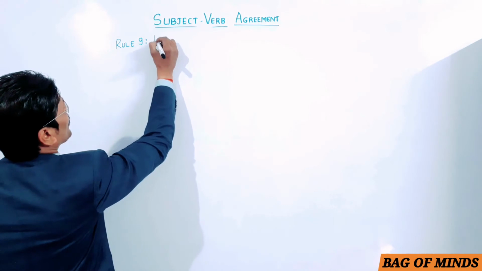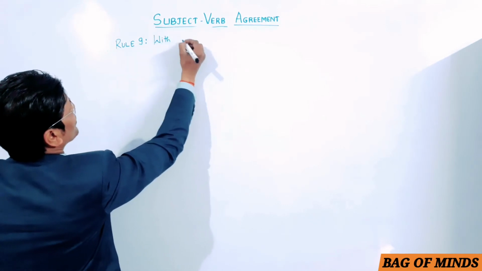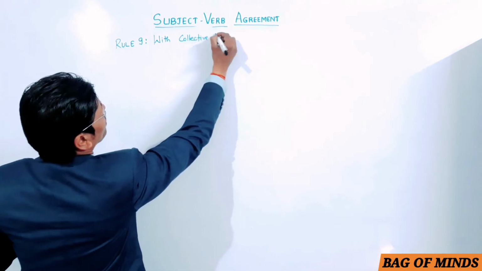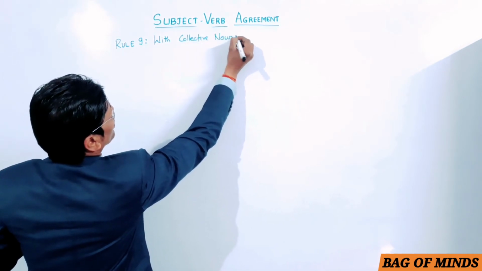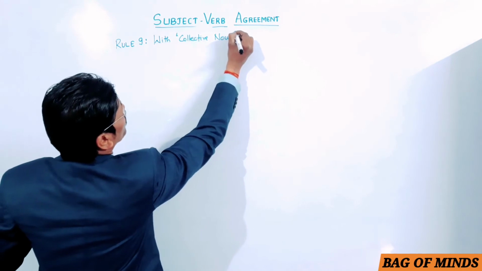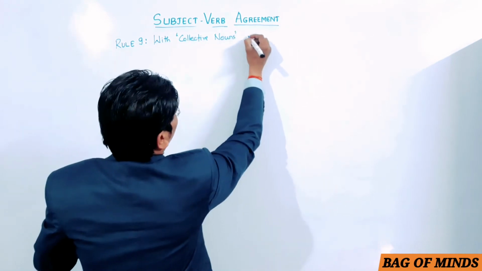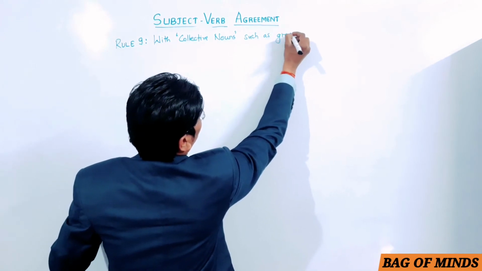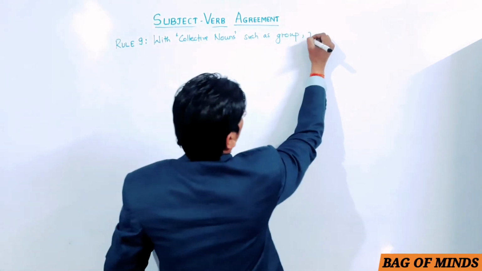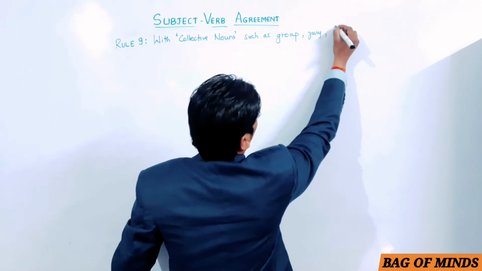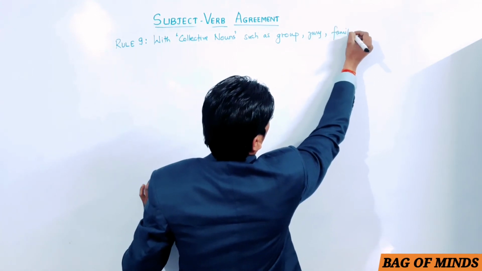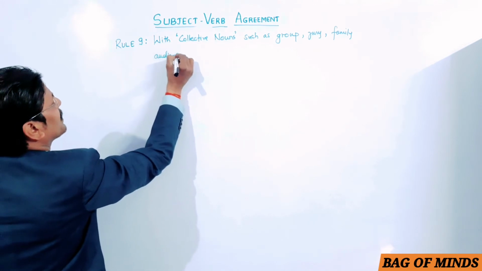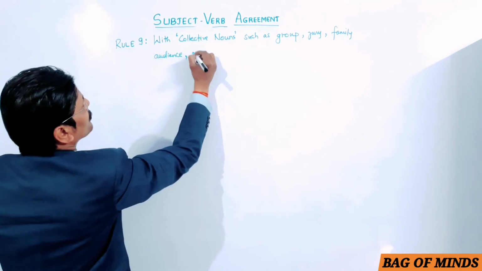Now, this rule is associated with collective nouns. I hope everybody understands that when we say collective nouns, we are talking about groups. Collective nouns such as group, jury, family, audience, population.